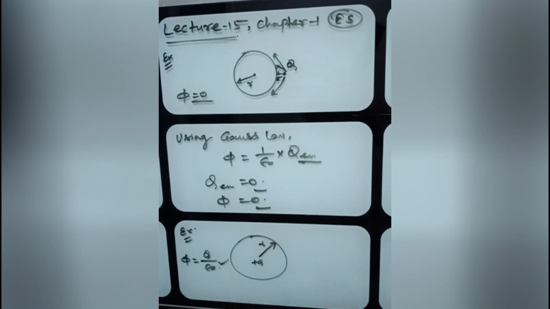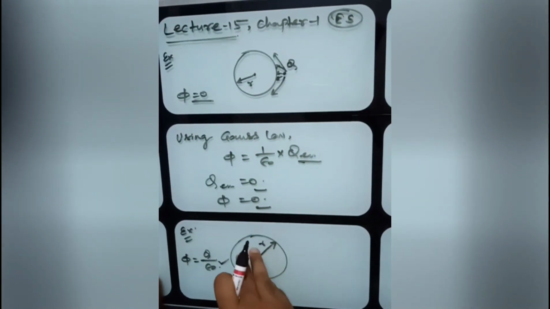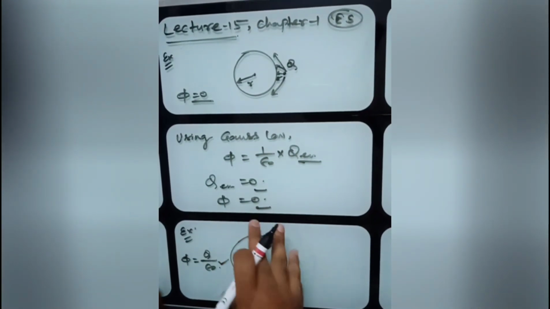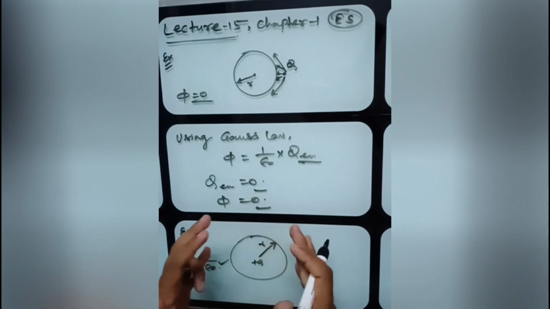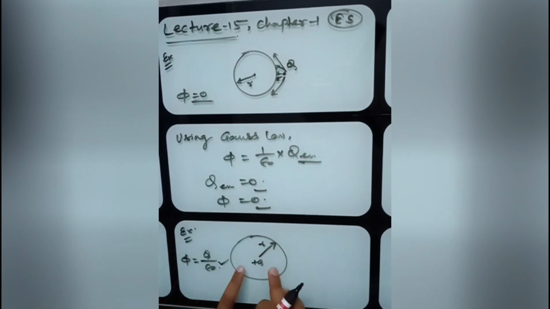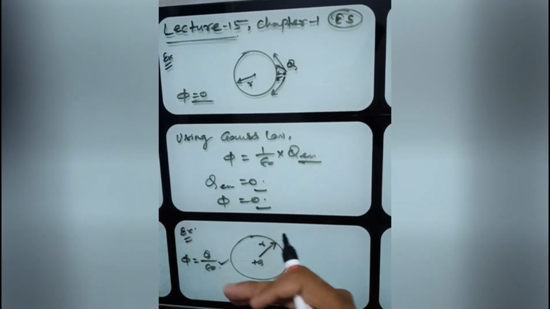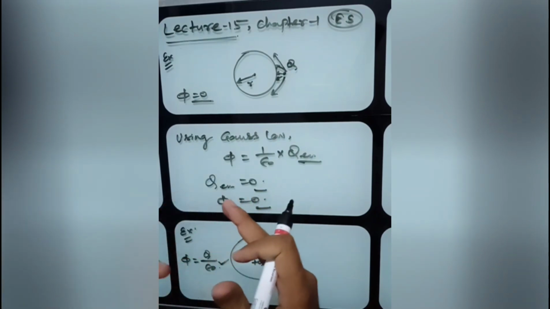Now the question: if we double the radius of the Gaussian surface, by what factor will the flux change? If we increase the surface area of the sphere, will it encounter more electric field lines? How will the electric flux change?